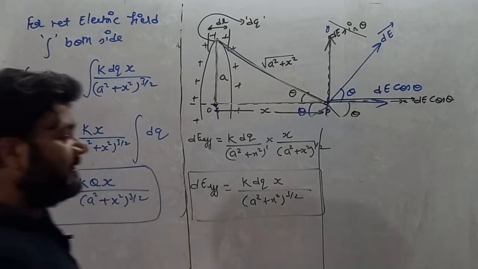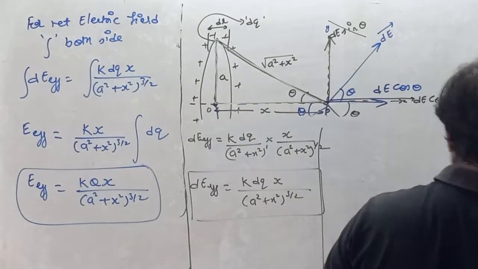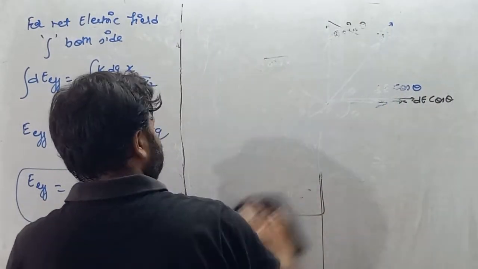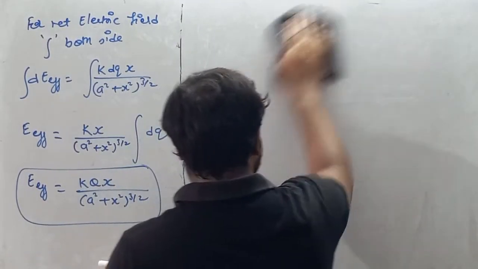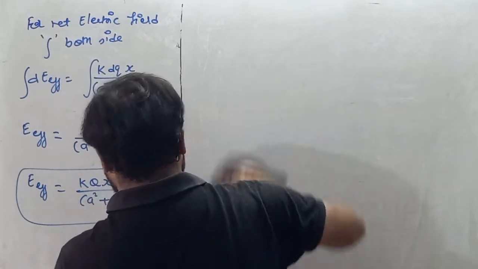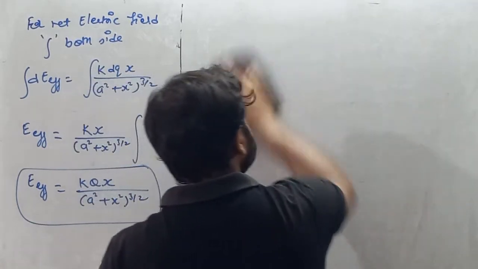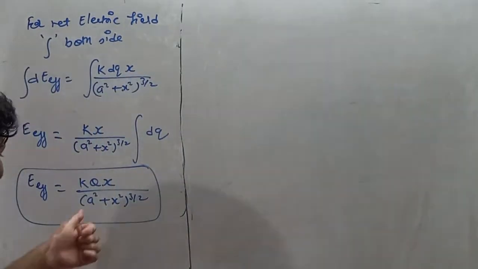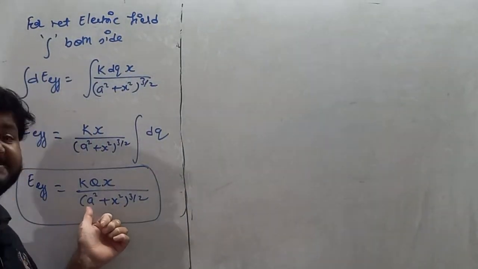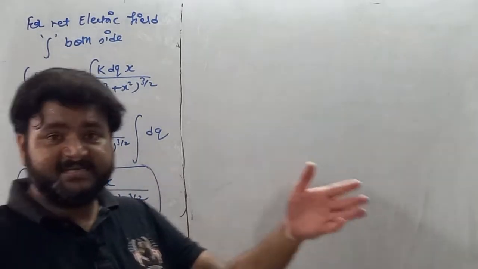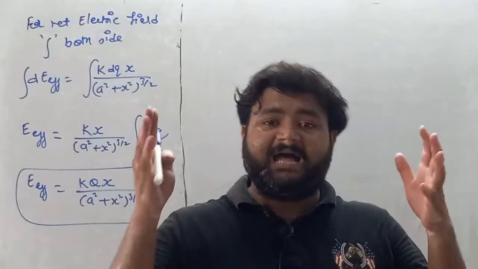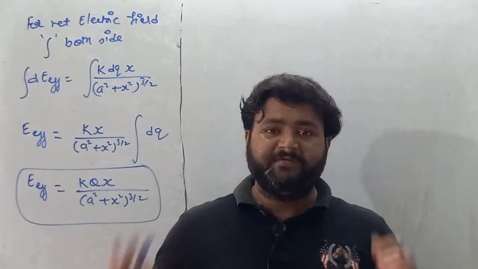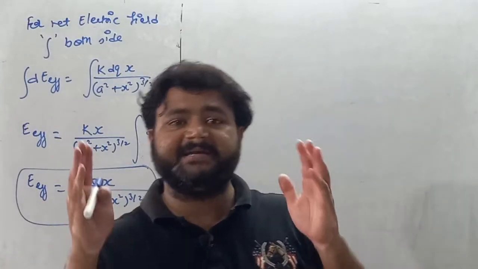This is the magnitude of electric field on the axis of the ring at point P, which is x distance apart from the center of the ring, where the radius of the ring is a, having total charge q. So this a is, my dear student, the radius of the ring, and x is the distance from the center of the ring to point P, which is present on the axis of the ring where we wish to find the electric field.